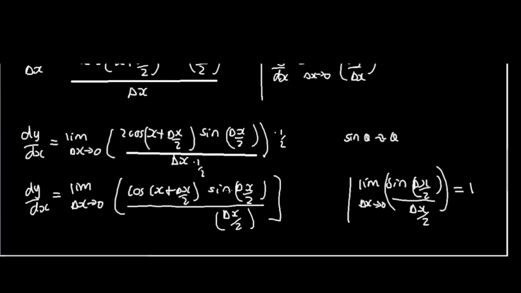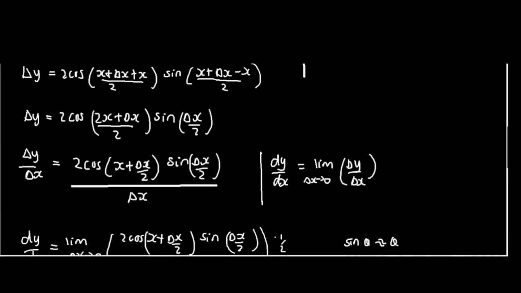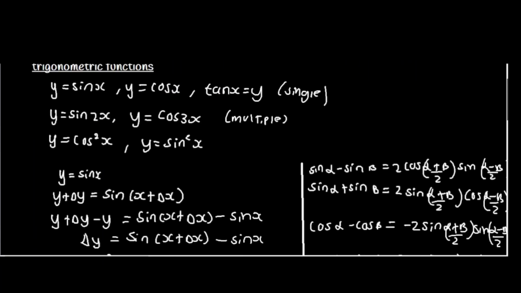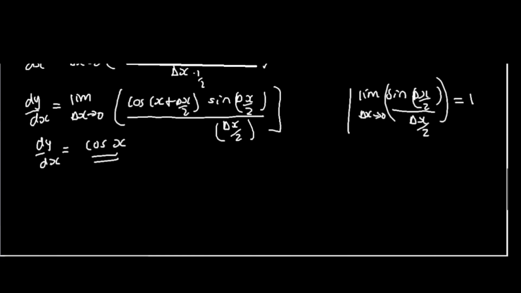So we shall have a 1 multiplying cos x, and we shall remain with dy dx equal to cos x multiplied by 1, which will make it remain cos x. By so doing, we have found our derivative function to a function y equal to sine x. In the next video, let's work out the one of cos x.